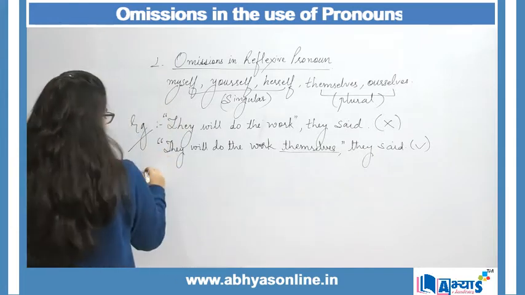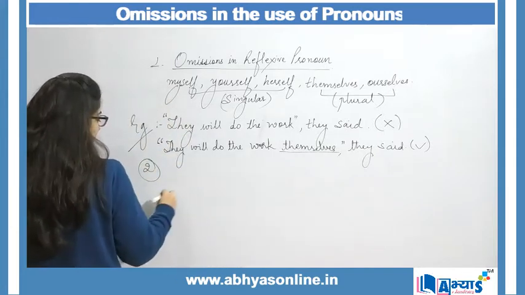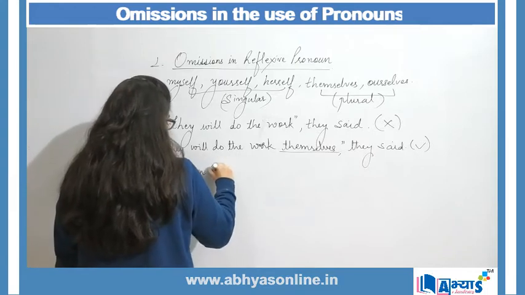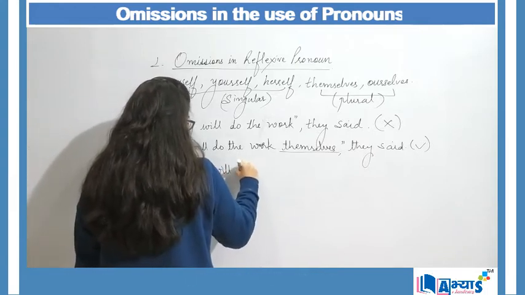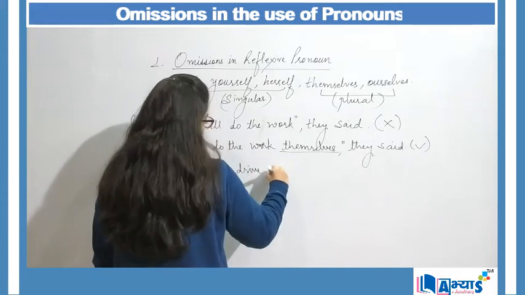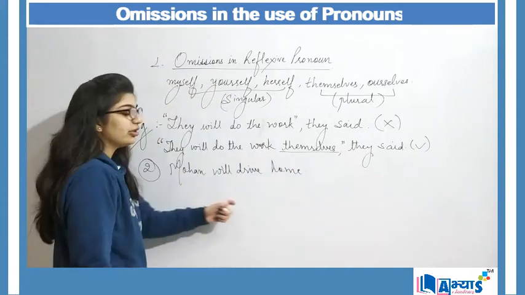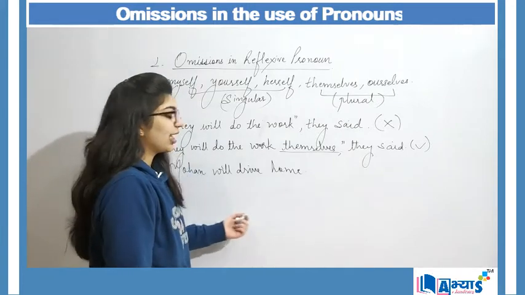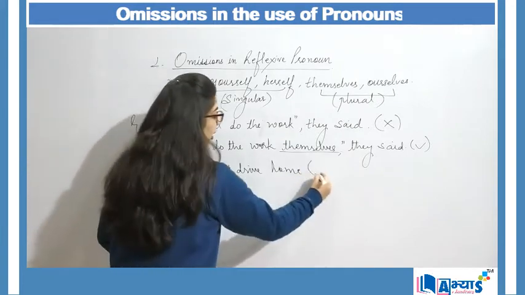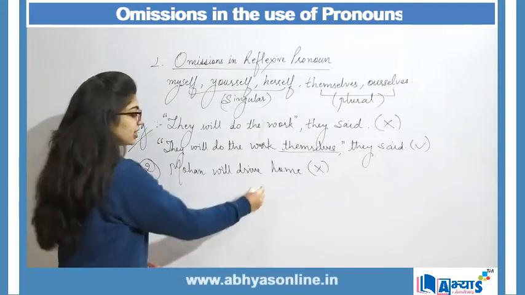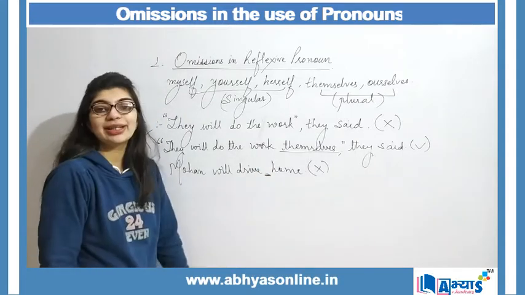Another example can be: Mohan will drive home. Again, my sentence is wrong because there is an omission over here.